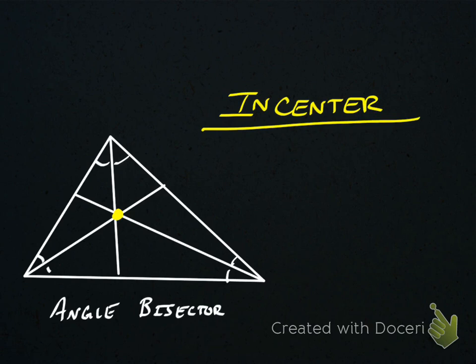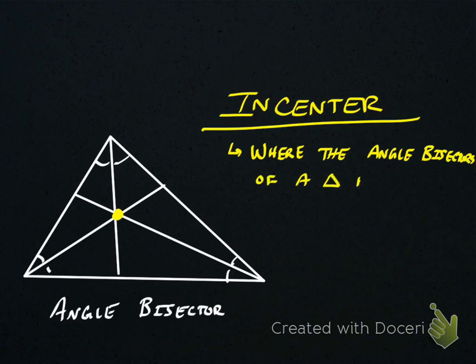The incenter does have a special property as well. Well, I guess we should define it first, sorry. We're going to say where angle bisectors of a triangle meet.